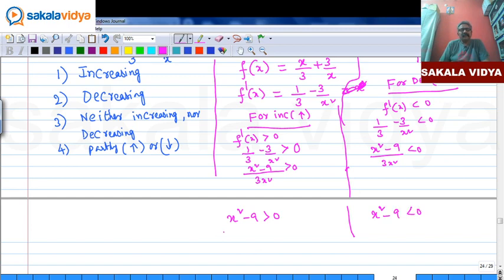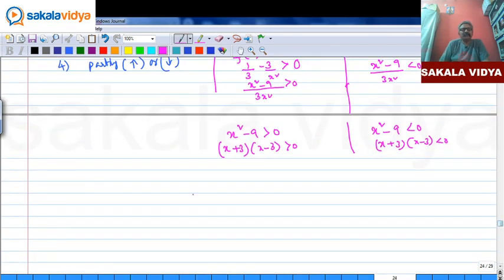So, here x plus 3 into x minus 3 greater than 0, here x plus 3 into x minus 3 less than 0. That means when x is less than minus 3 or x is greater than 3, it is increasing.